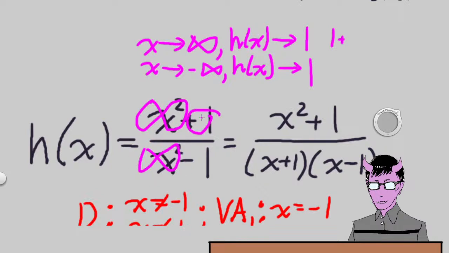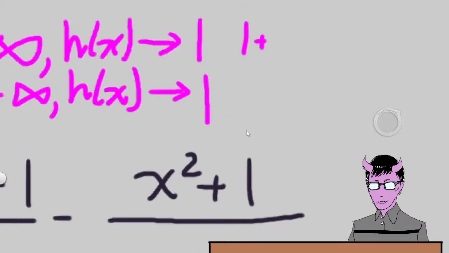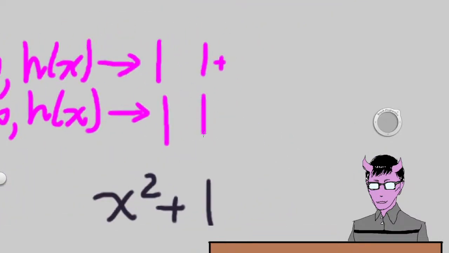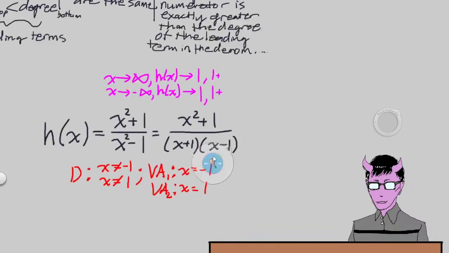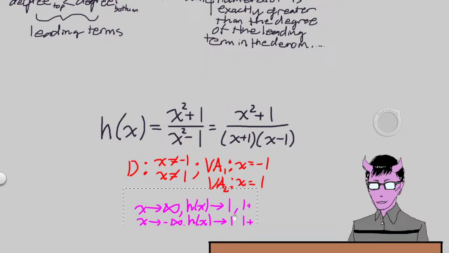But once you plus 1 and you minus 1 respectively, then the numerator is slightly bigger than the denominator. So it's not exactly 1, it's almost 1. It's a little bit bigger than 1, so I'll put 1 plus. Which is pretty important when you get to graphing, when you decide whether you're above or below the horizontal asymptotes.